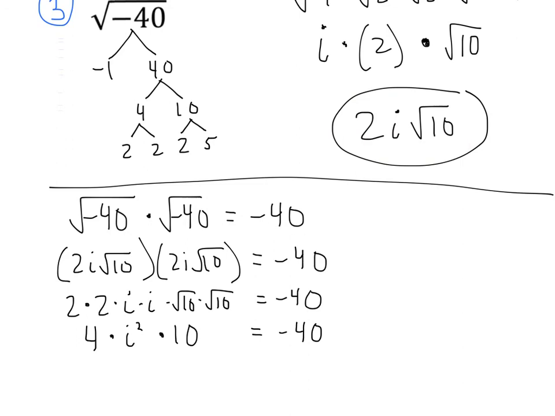Now if you go back to one of our earlier slides, we talked about this fact. i squared is negative 1. So 4 times negative 1 times 10, that's negative 40. Right? So I've just shown you proof that this 2i radical 10, because we can use imaginary numbers, is the square root of negative 40.